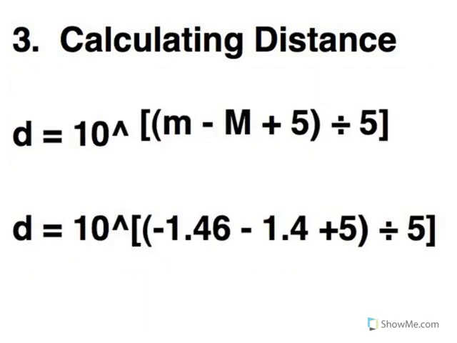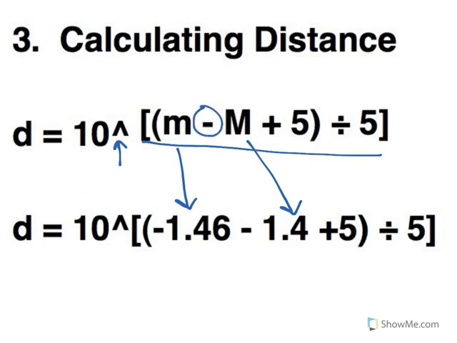So here's our equation again. 10 raised to the power of all this stuff in the brackets. So we've replaced little m with the negative 1.46. We've replaced big M with the positive 1.4. One thing to be careful of, we are subtracting that absolute magnitude.